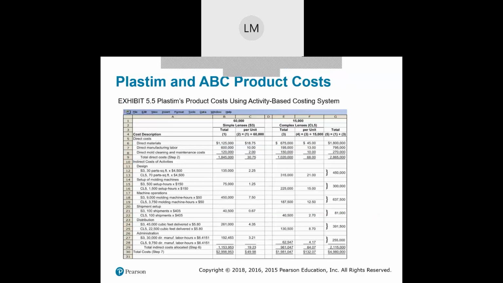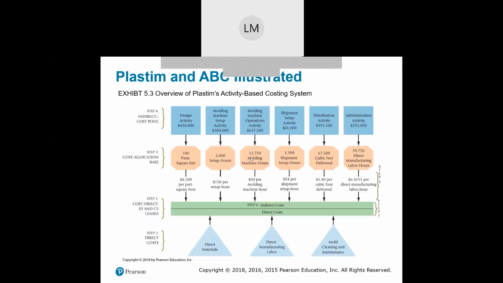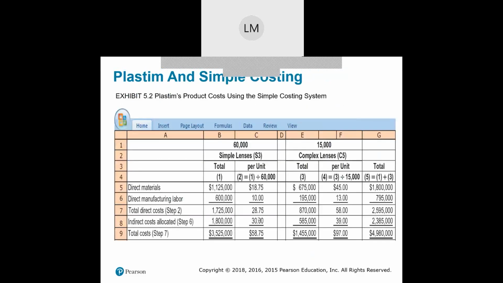Now let's see, based on activity-based costing, where we've refined a little bit more. Remember, in activity-based costing, we identified another direct cost that we could trace to individual units. So now our direct costs are $30.75 per unit. What did we have before? $28.75. So direct costs are higher under the activity-based method.